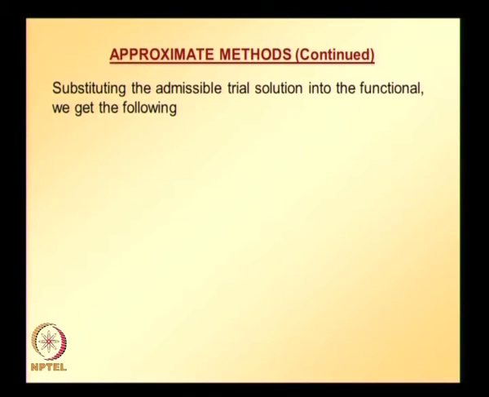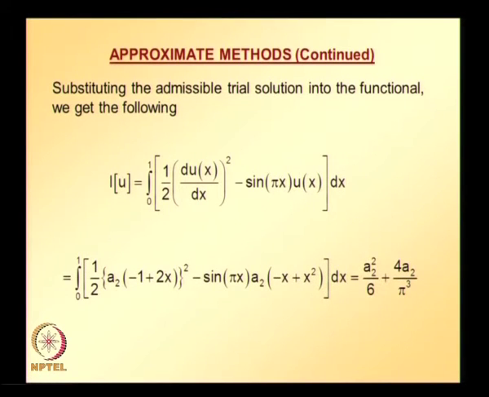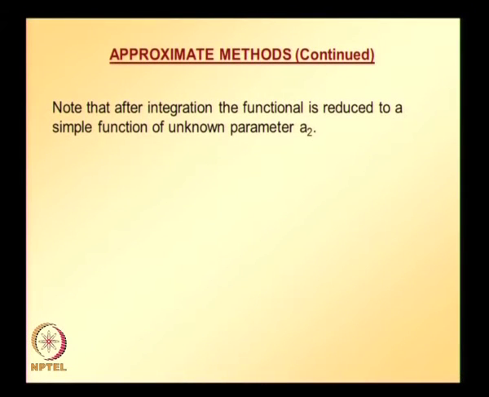Substituting the admissible trial solution into this functional, we get this equation, and note that after integration the functional is reduced to a simple function of the unknown parameter a2, and we want the variation of that function to be equal to 0.